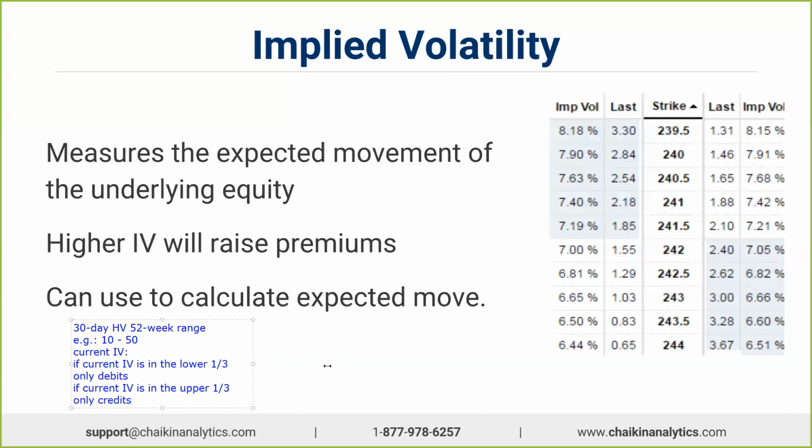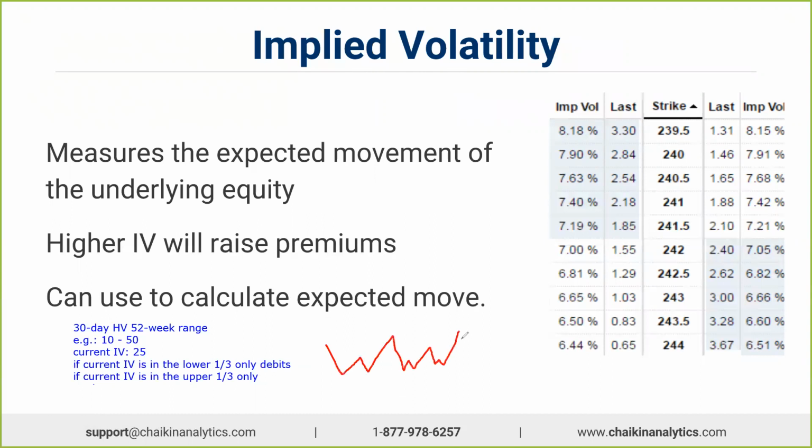Now, why is that? Well, implied volatility is a mean reverting function. So if we have a volatility that's doing this, we get the range of it here, right?